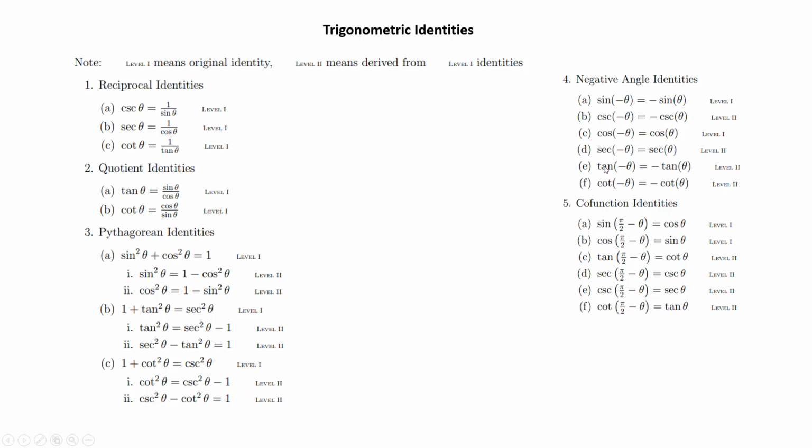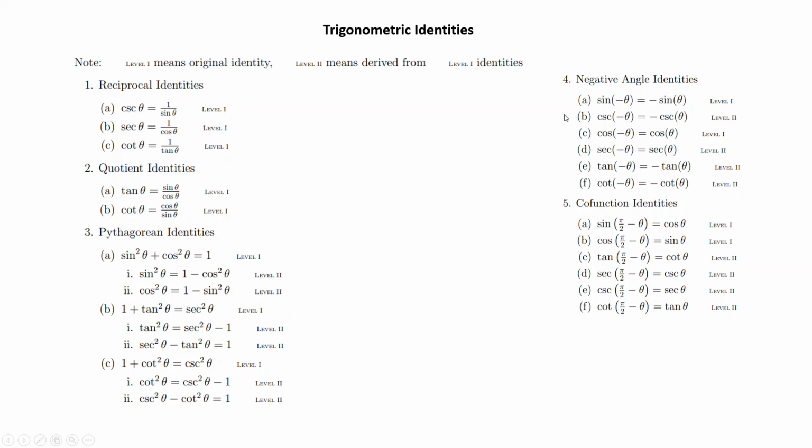And similarly, tangent of negative theta is negative tangent theta, and cotangent of negative theta is negative cotangent theta. And you probably recognize some concept called odd functions and even functions, right? So you notice that cosine of negative theta is an even function because cosine of negative theta is cosine theta.